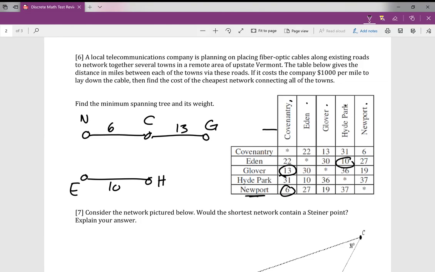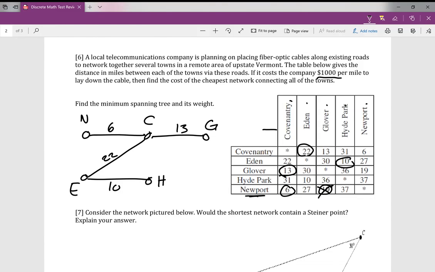So we have our 5 cities here. They just need to get connected still. So we'll continue to look. And I see 19 connects Newport to Glover, but that would create a circuit, so we're going to skip that one. Next is 22, which connects Eden to Coventry. That gives us a tree, so that's a good connection.